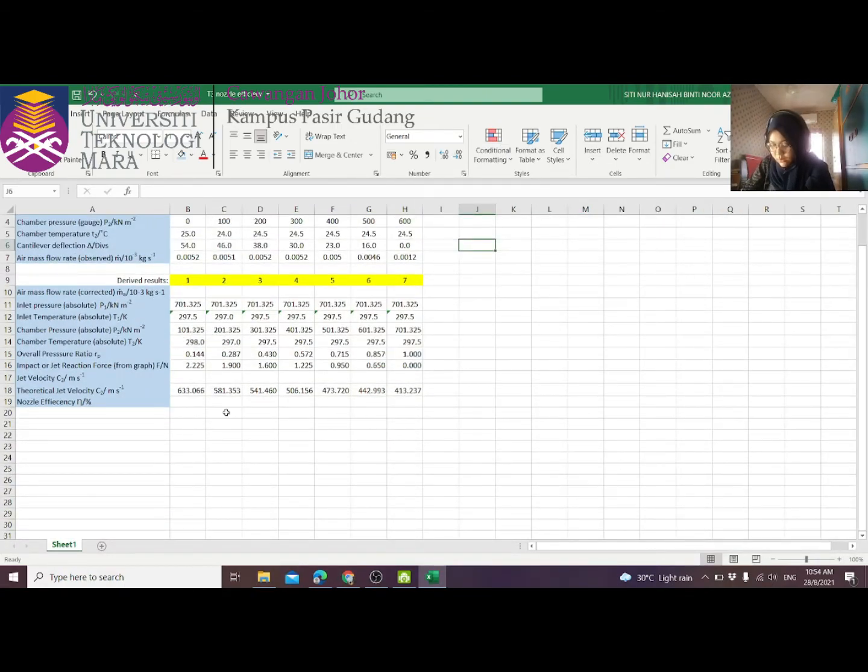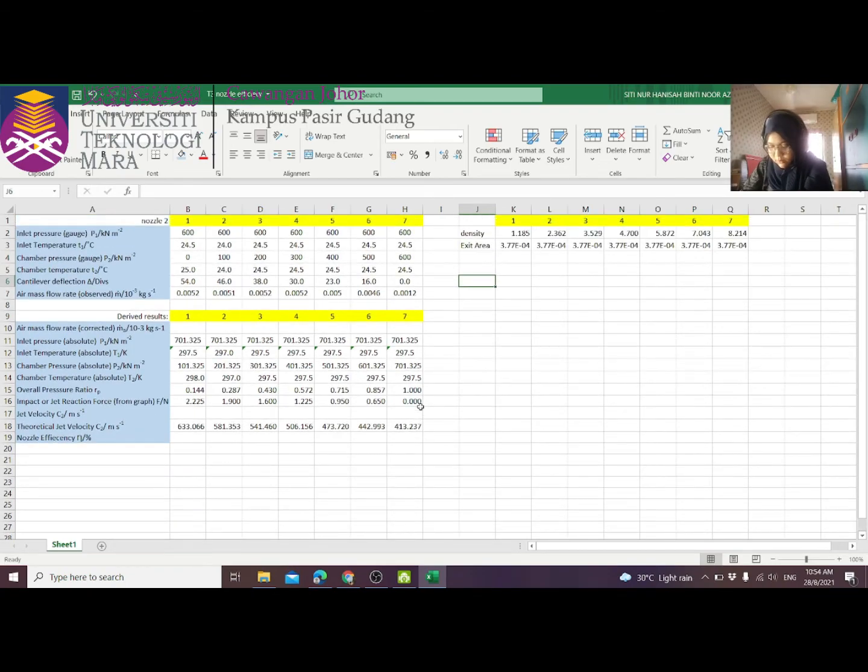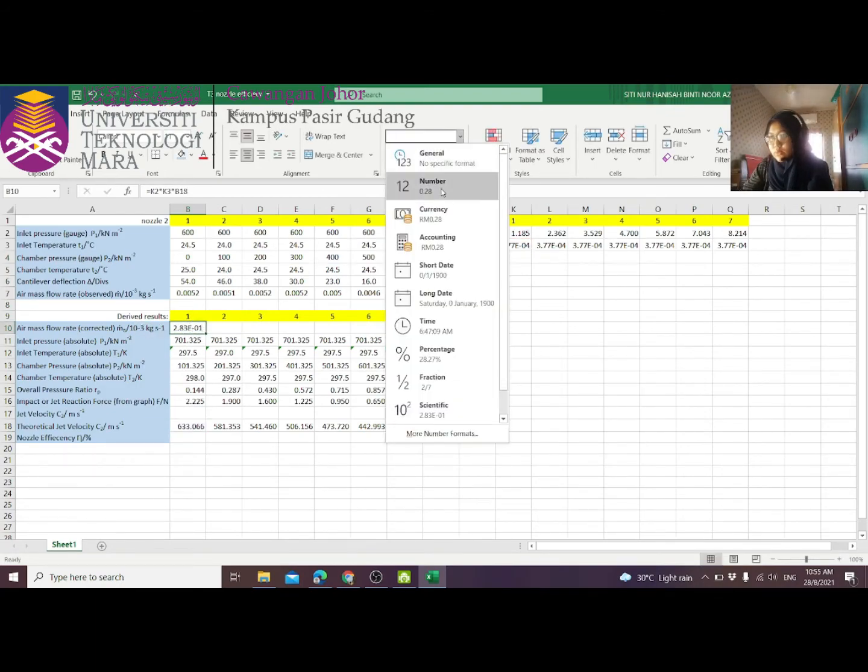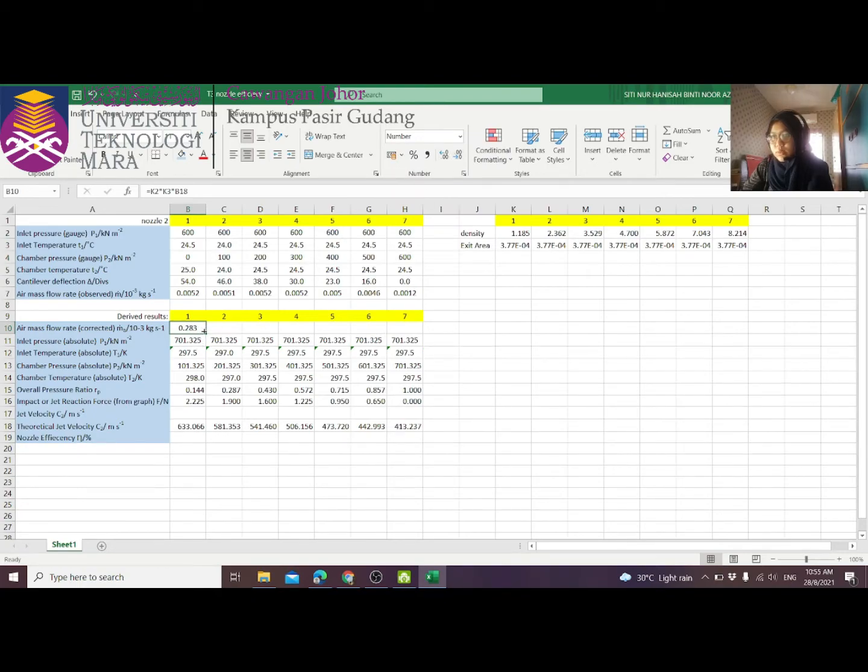And then I will start with the mass flow rate. So density times exit area times theoretical jet velocity equal to this one, this number 3 point behind, so drag it.